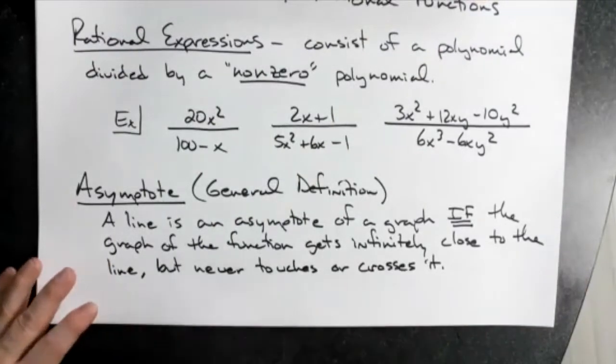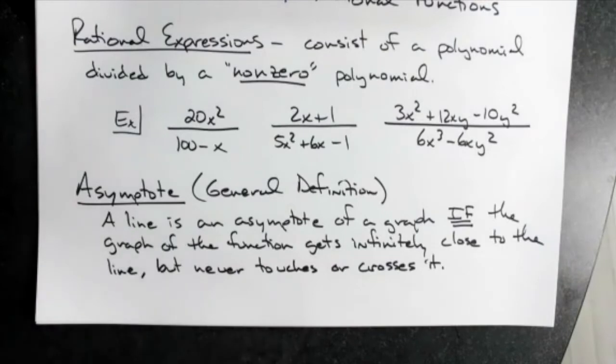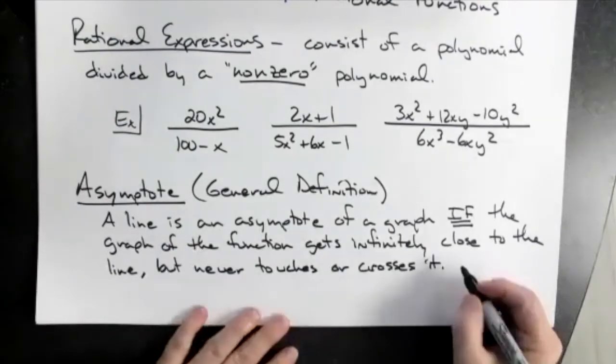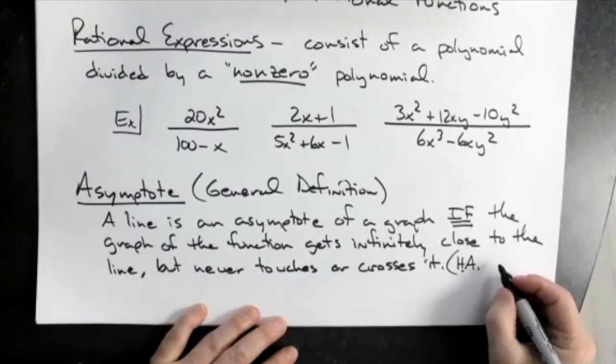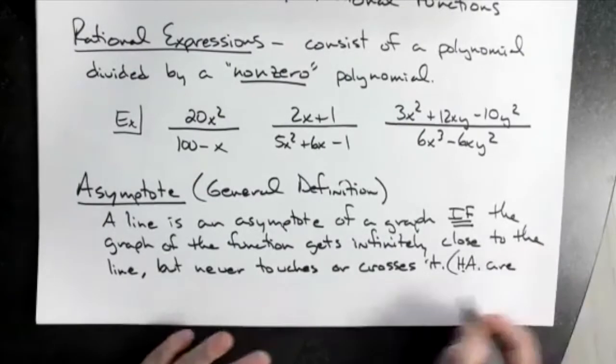Now, if you've ever noticed this going through high school, you started out with maybe 7th and 8th grade math, algebra 1, they taught you some rules, and then you move up to algebra 2, and then they go, oh, but wait a minute, we taught you this, but now there's always an exception. So as you move up in your math courses, there are going to be exceptions. Horizontal asymptotes are the exception.